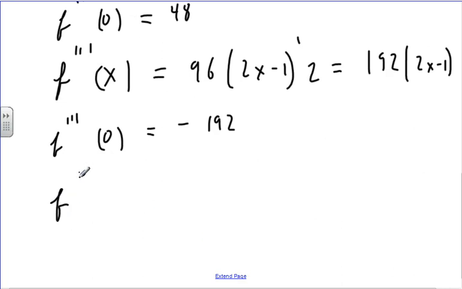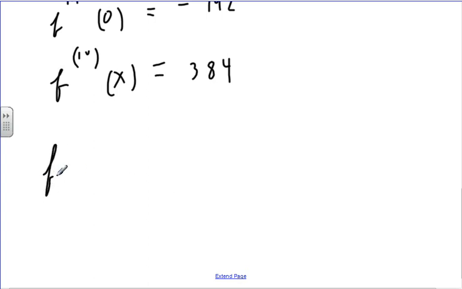F, the fourth derivative, x, is equal to 384. Okay, and then the next guy is going to be 0, so there are no more after that.